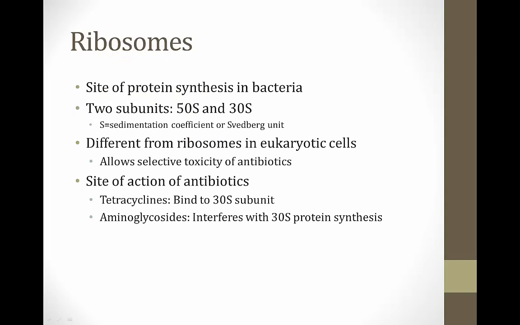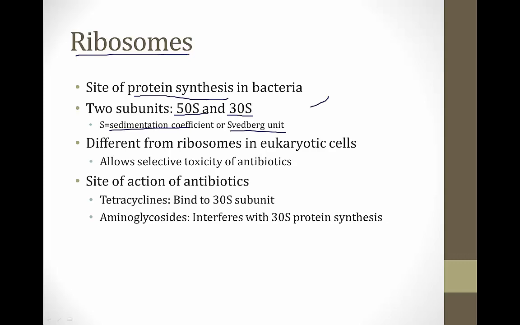Bacteria have their own ribosomes, and just like in all cells, ribosomes are the site of protein synthesis. And the ribosomes in bacteria are made up of two subunits, a 50S subunit and a 30S subunit. S stands for the sedimentation coefficient, or the Svedberg unit, but the bottom line is it's a marker of size.